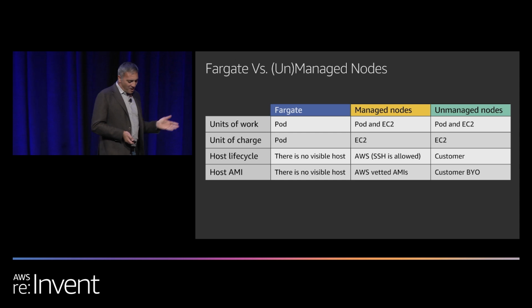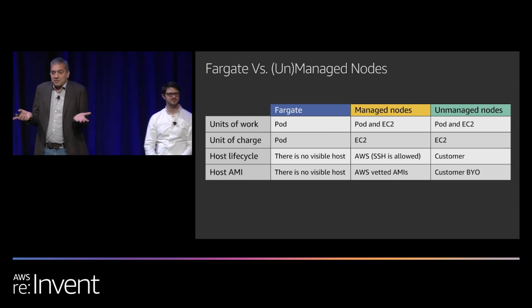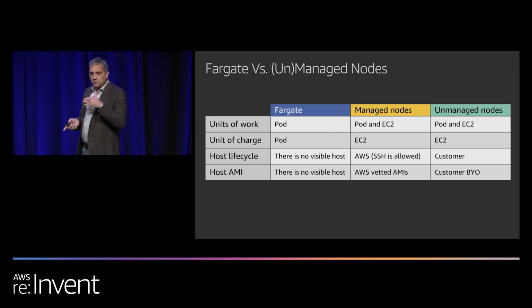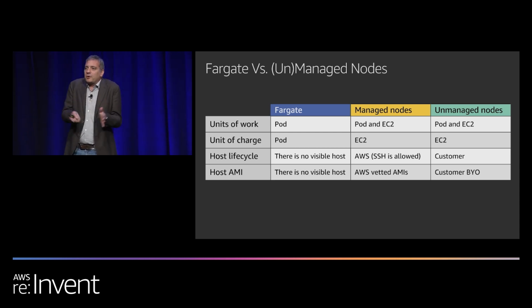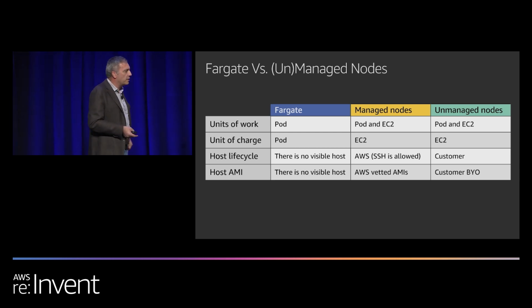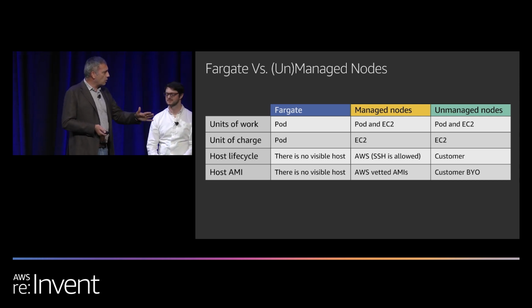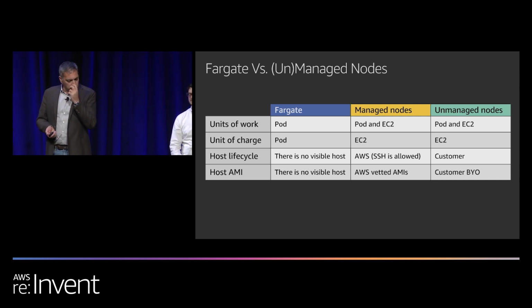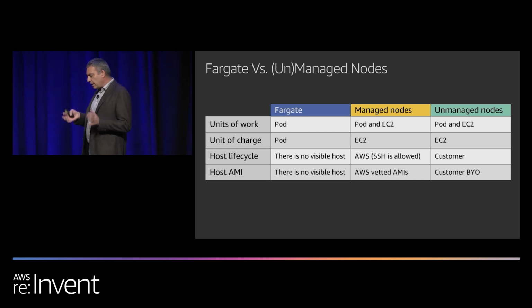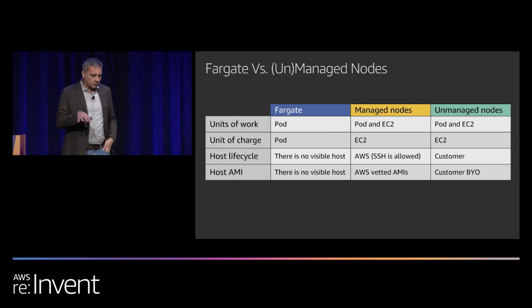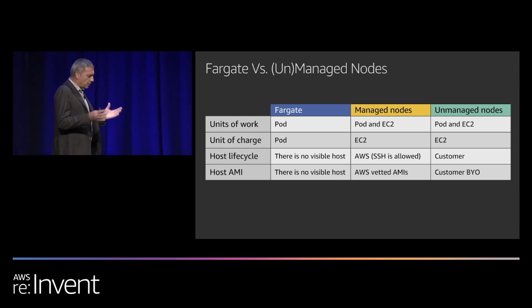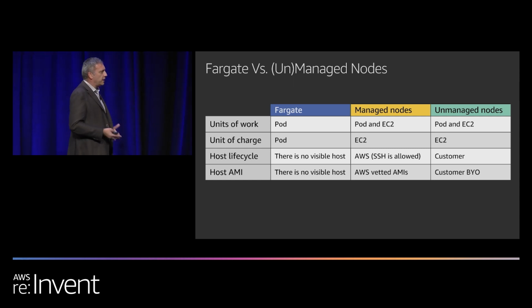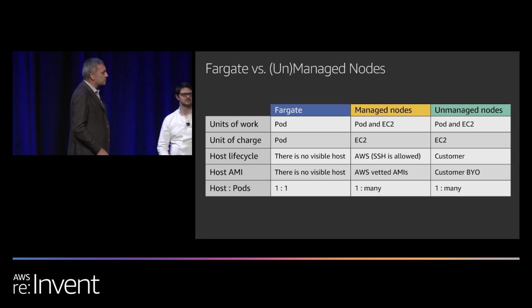Okay. So the host AMI, they don't even exist in the Fargate space, right? Because you're never going to see, never going to pick an AMI to deploy your pod. Whereas for managed worker nodes or unmanaged worker nodes, there is a various degree of flexibility that you have. I'm not going to discuss too much here, but there are EC2 instances that are running in your account, and you need to make decisions there.